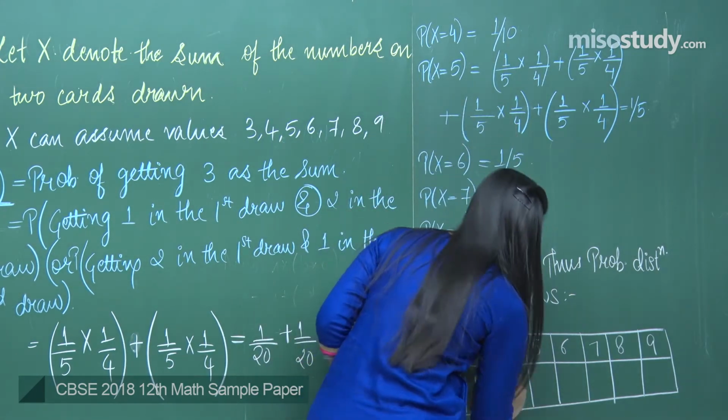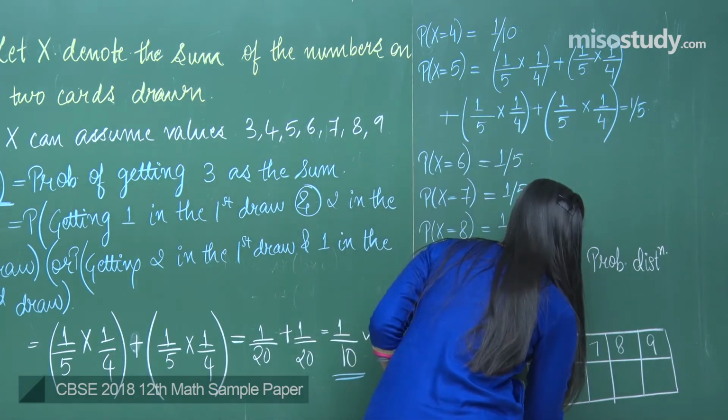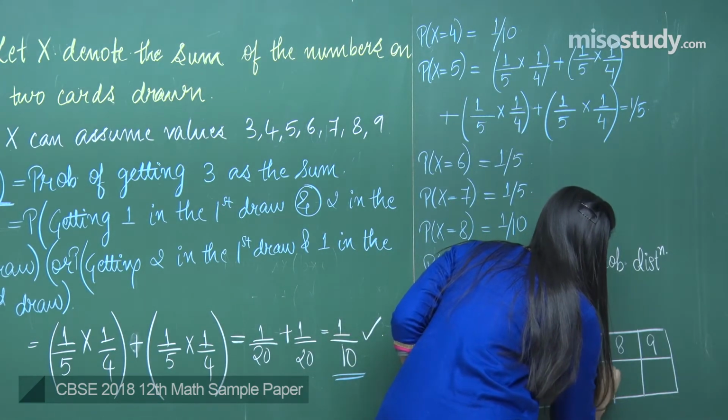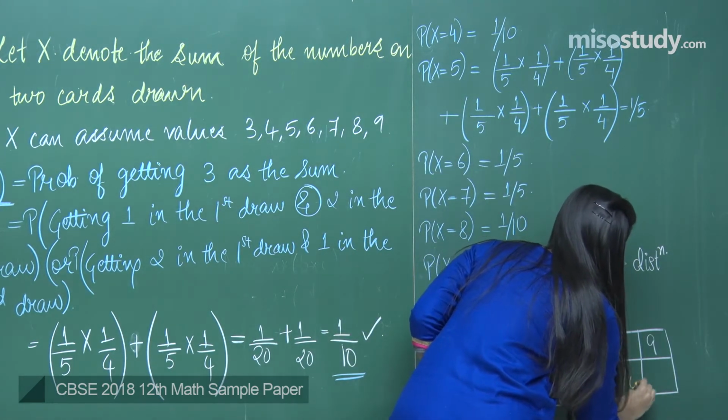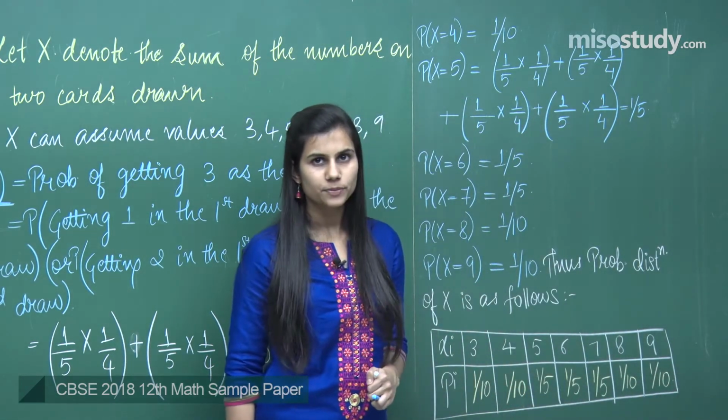Probability of x equals 4, it is again 1 by 10. 5 is 1 by 5. 6 is again 1 by 5. 7 is again 1 by 5. And 8 and 9 are again 1 by 10, 1 by 10 each.